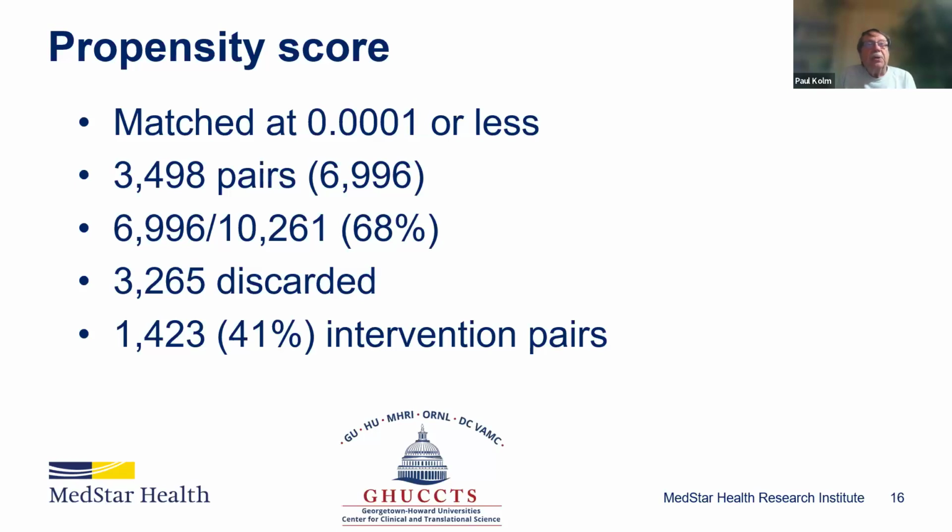When we match, we only get 68%, so 3,200 are discarded. It turns out that we have 1,400 intervention pairs. In other words, we have a patient in the before group matched with a patient after the intervention, and that's 41% of the number of pairs we started out with.